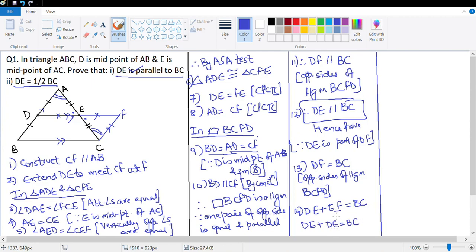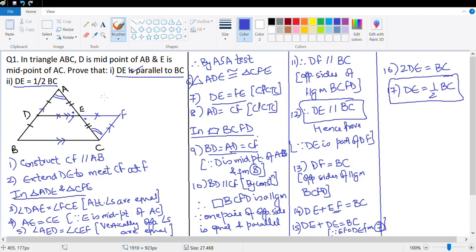Why are EF and DE equal? We have proved them in point number 7. DE and EF are equal, since EF is equal to DE from number 7. We've already done that. So this was my number 15. Number 16 gives me 2 times DE is equal to BC, which means DE is equal to half BC.